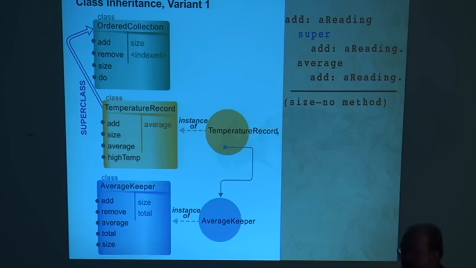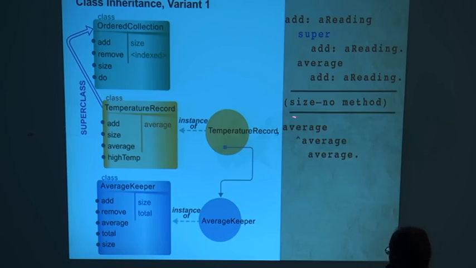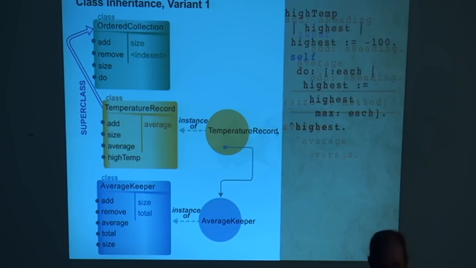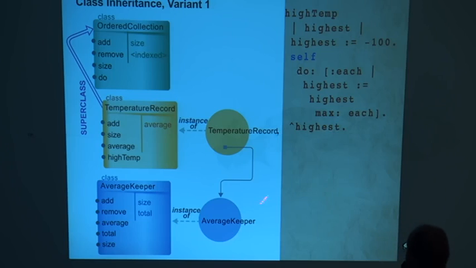We don't need a size method now, because we've inherited it from ordered collection, and that actually gives us the right answer. We forward our average method just like we did before. And our high temp method looks very similar, just with this self send instead of a send to a component. So that works reasonably well so far.